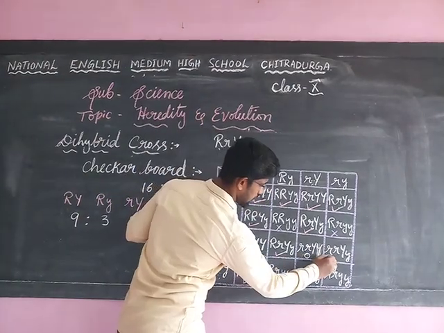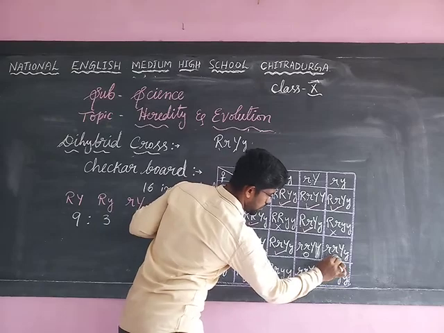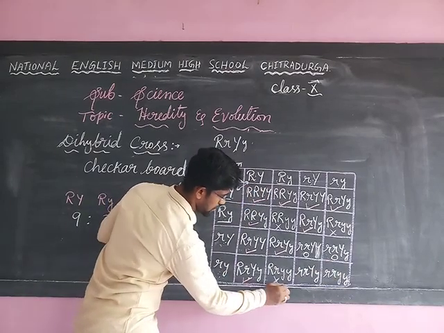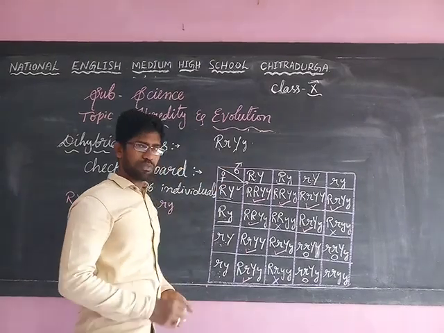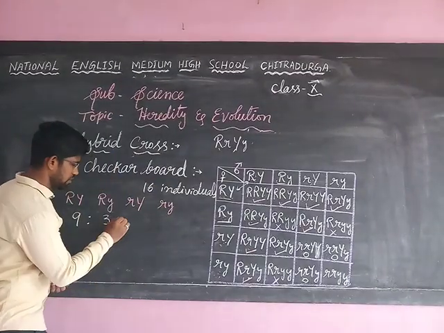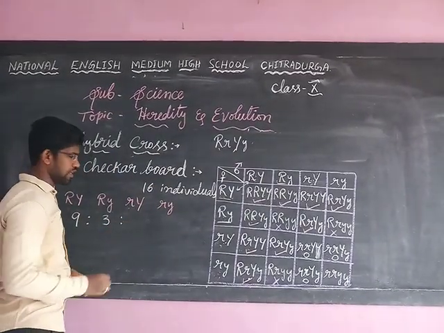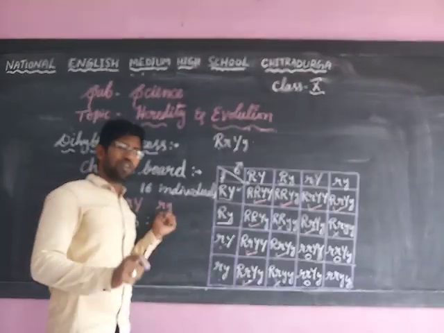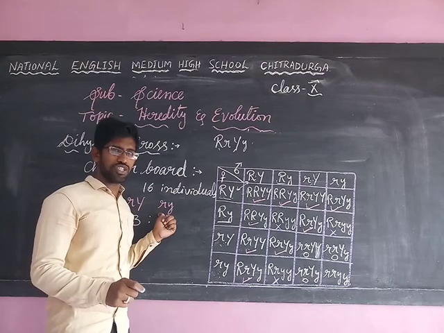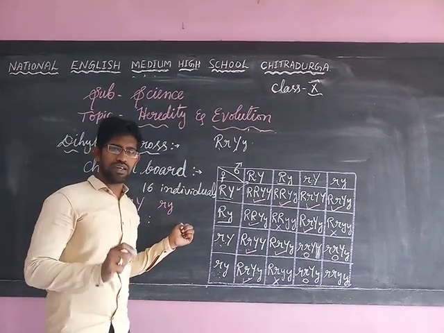Then next here also both r is small, y is capital. Here another one. This one selected, and here one more is there. Small r and capital Y. So totally how many individuals did we get? Wrinkled yellow 3.